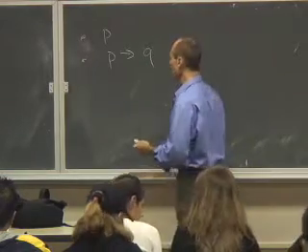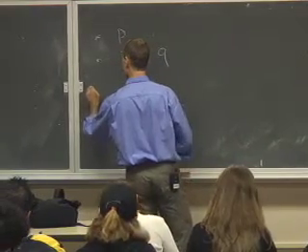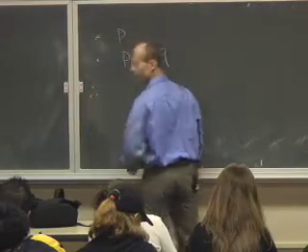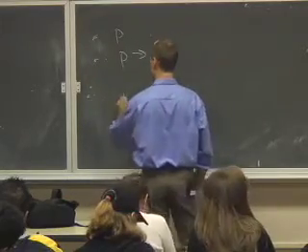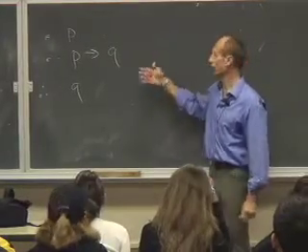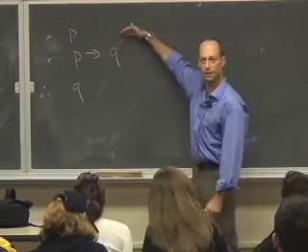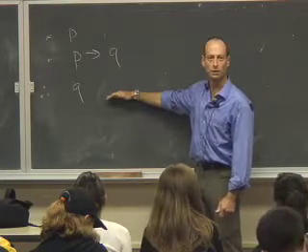And then the conclusion of my argument might be therefore, which is sometimes written with three dots, therefore Q. That's an example of a valid argument. It has two premises, P, and if P, then Q. And the conclusion is Q.